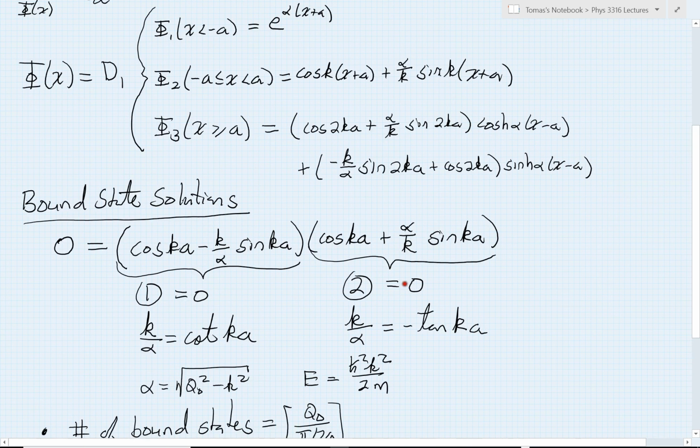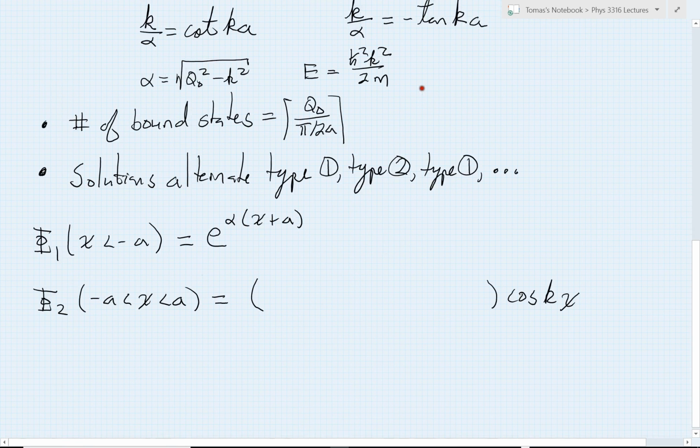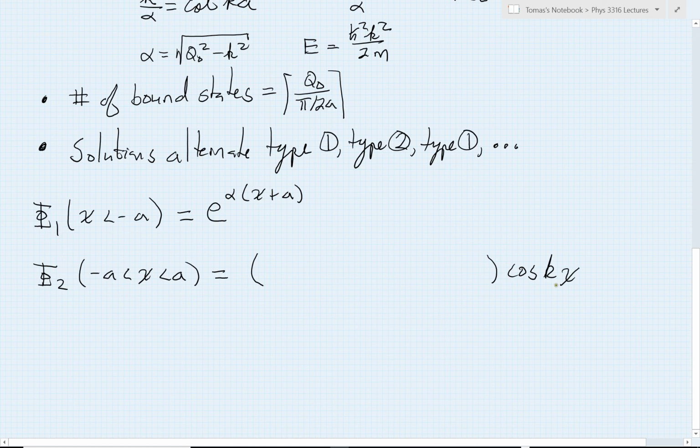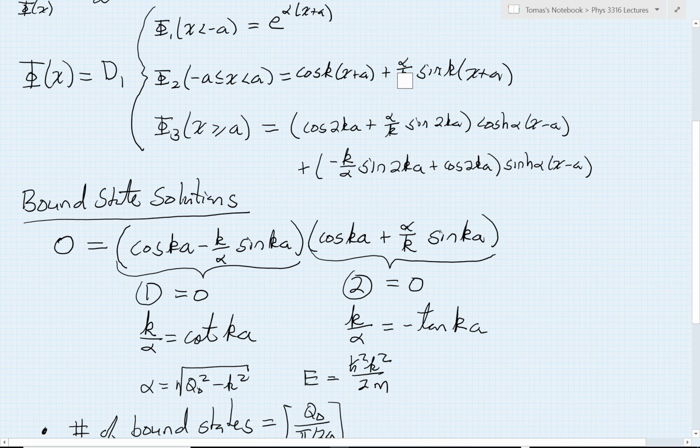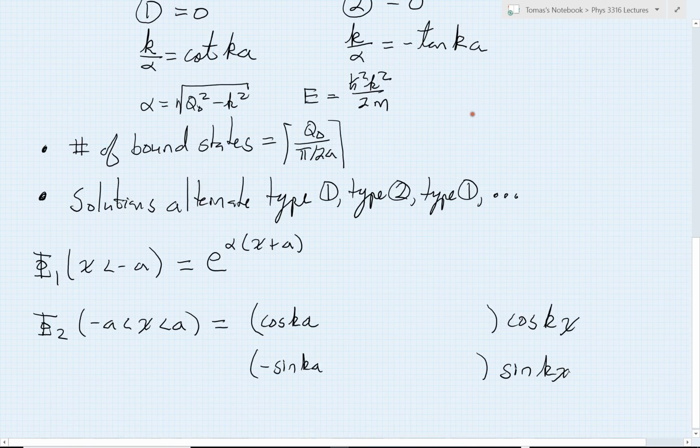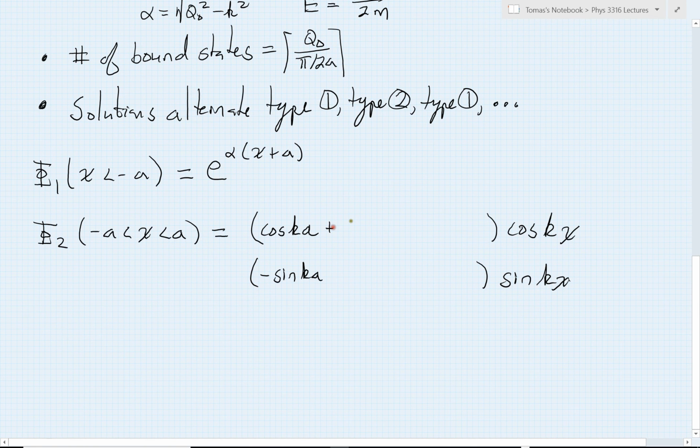So cosine of k(x plus a), when I expand that out, gives me cosine of kx times cosine of ka. I guess I may as well just collect these while I'm at it. There'll also be a minus sine of ka times sine of kx. So I've taken care of the first term. The second term has alpha over k times the sine of the sum of my angles. So that will give me alpha over k. Now, when I expand the sine, you get cosine times sine plus sine times cosine.